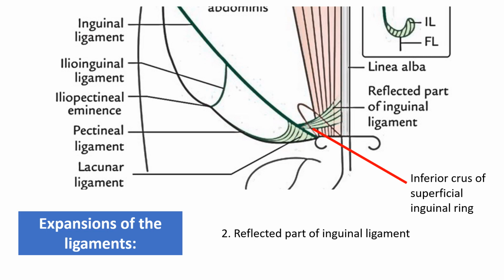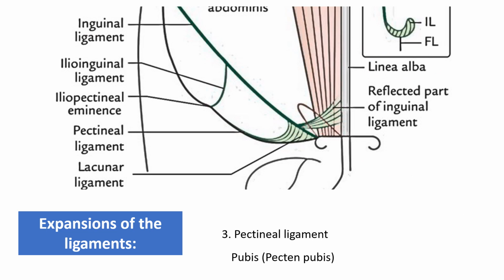The next expansion is the reflected part of the inguinal ligament. From the inferior crest of the superficial inguinal ring, you can see some fibers. They pass upwards and medially and are attached to the linea alba, from where they are continuous with the similar fibers of the opposite side.